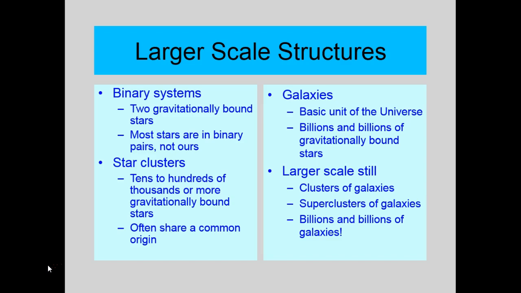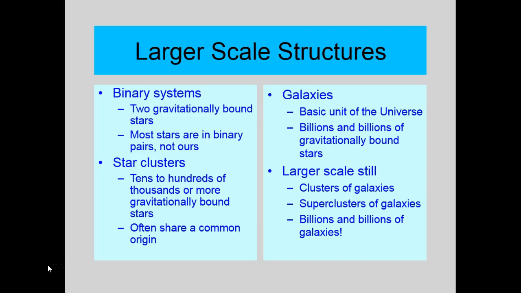But these are much bigger systems than binary, okay? Tens to hundreds of thousands or more gravitationally bound stars that hang around together. They may be within a galaxy, or they may be outside of a galaxy. Now, if they're hanging around together, there's a good chance there's a little black hole somewhere in there that's pulling them together.